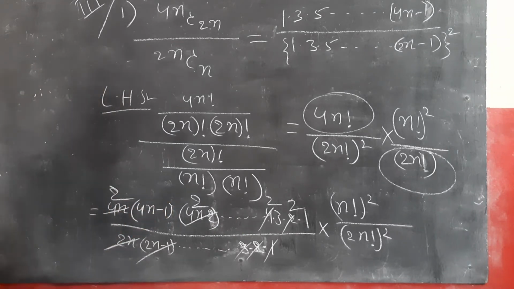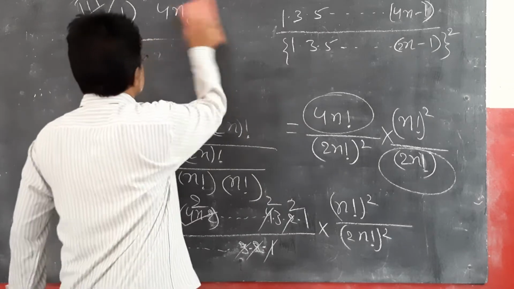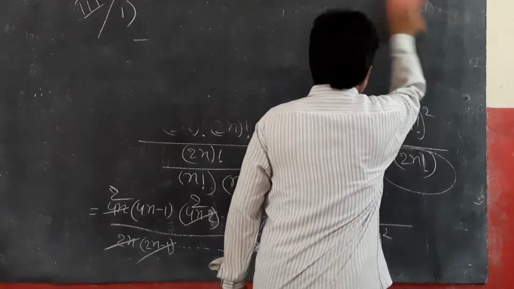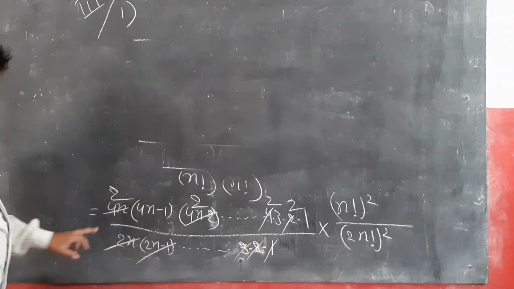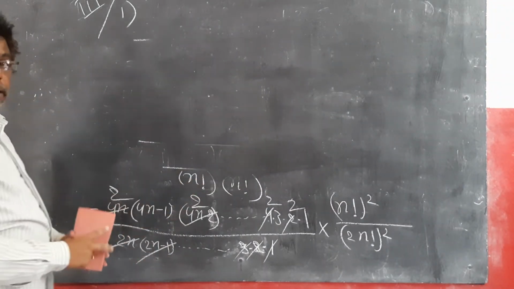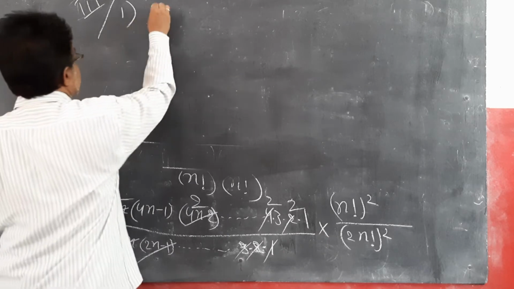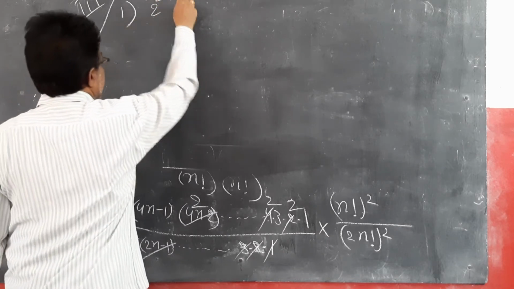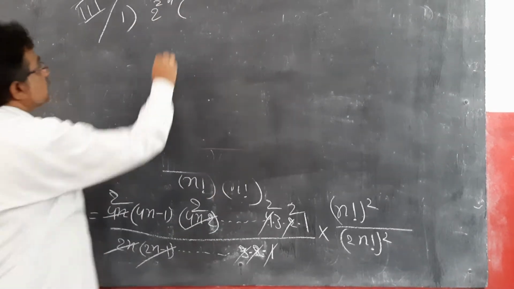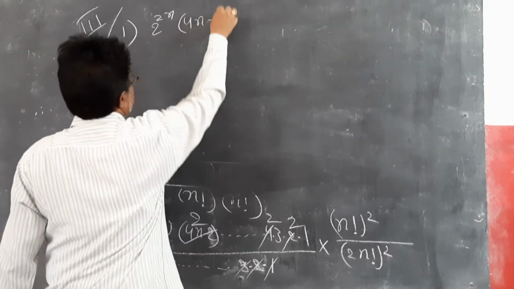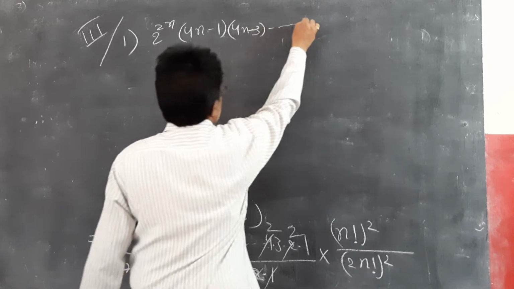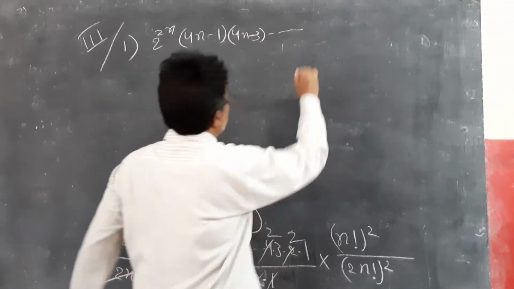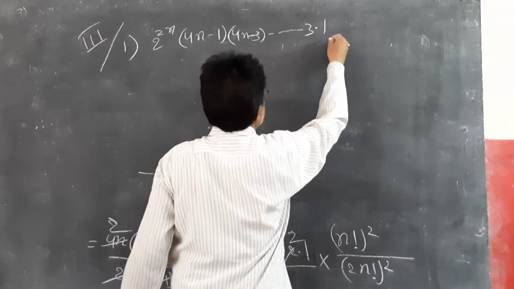What is left is 4n minus 1 into 4n minus 3 into and so on till 5 into 3 into 1.